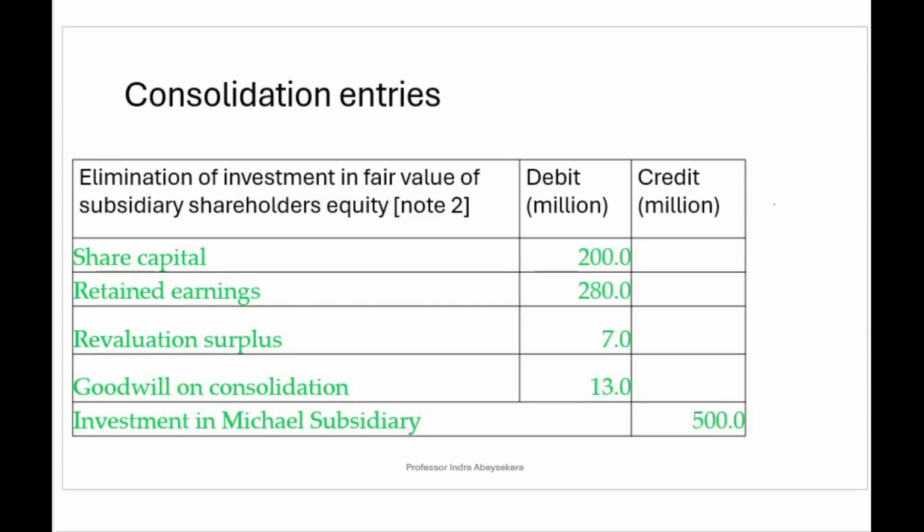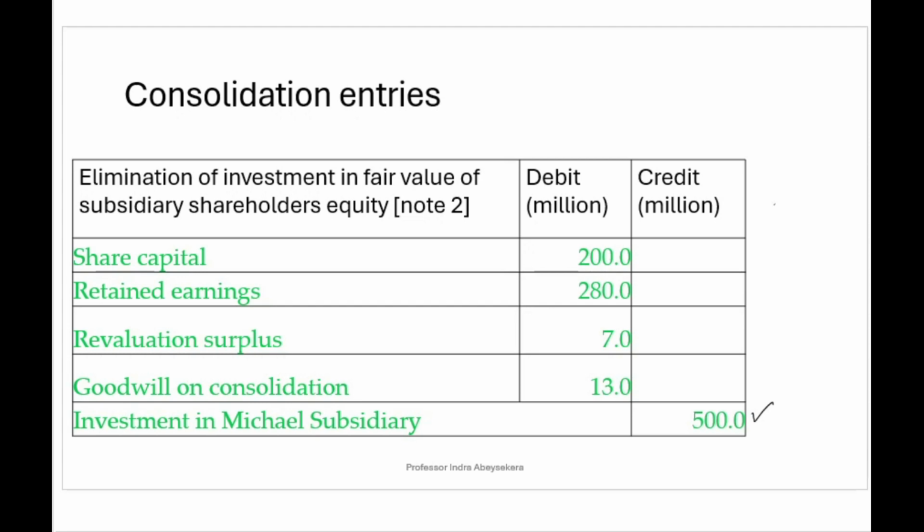Our second entry is to eliminate the investment against the fair value of shareholders' equity in the subsidiary. So we credit investment in Michael subsidiary 500 million.